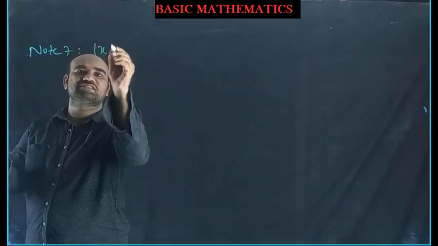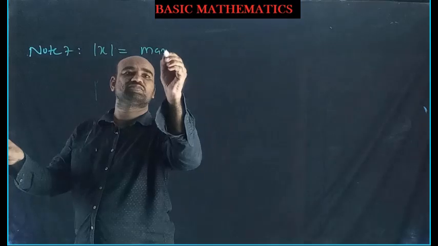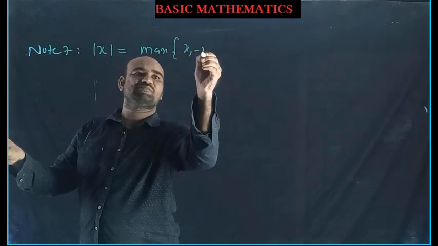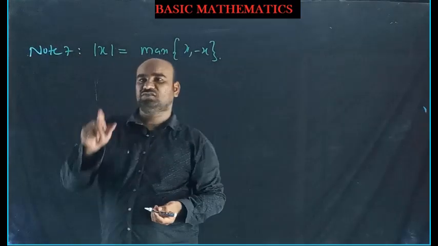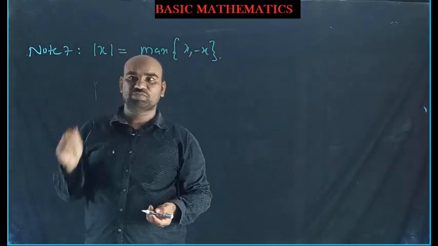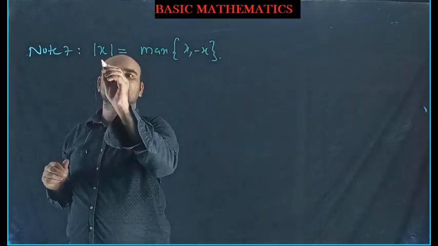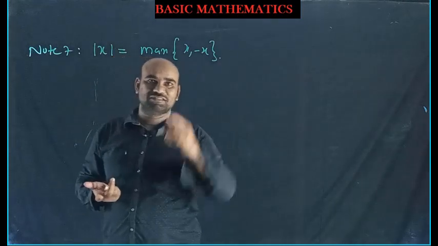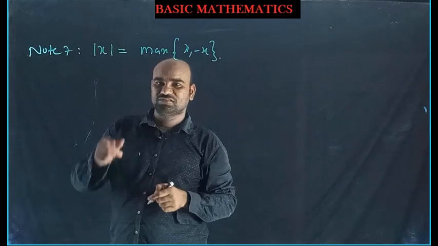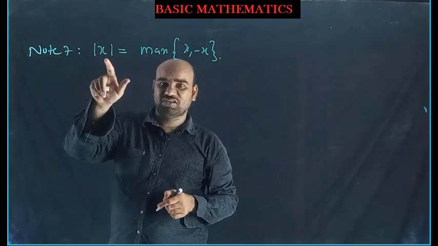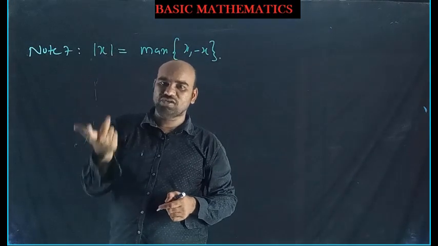Note 7: mod x means maximum of x comma minus x. You can verify by using any example. Mod of 2 you want. Mod of 2 means 2 only. Among 2 and minus 2, the maximum is 2 only. Okay. Mod of minus 2 you want. Mod of minus 2 is 2 only.